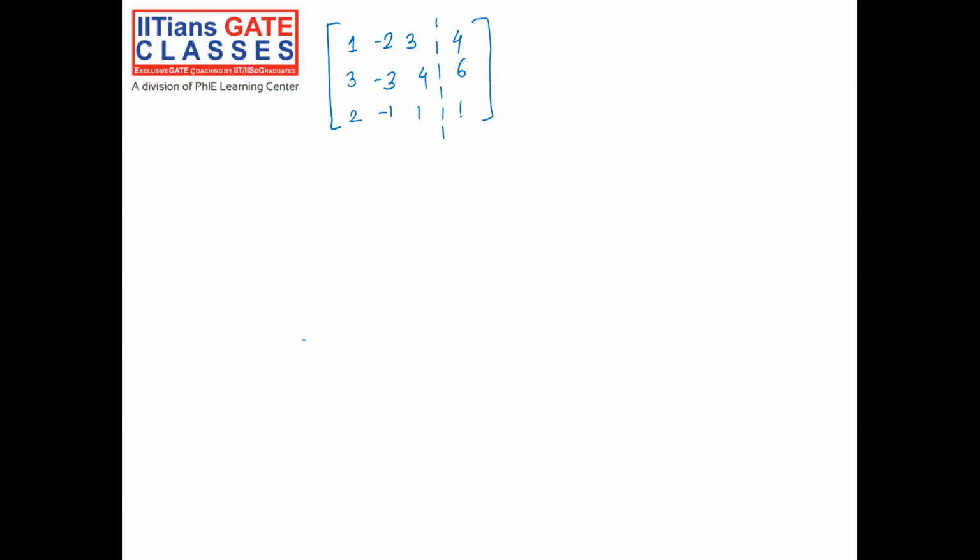In order to convert this into echelon form and to find the rank of this matrix, we'll perform the operations R3 equal to R3 minus 2 times R1 and R2 equal to R2 minus 3 times R1. By doing this, we'll be making these two numbers 0. So what we'll get in this case? The first row will remain unchanged.